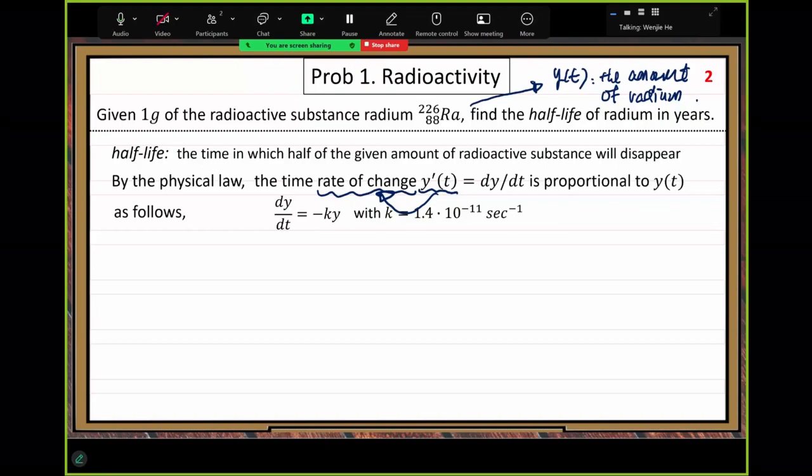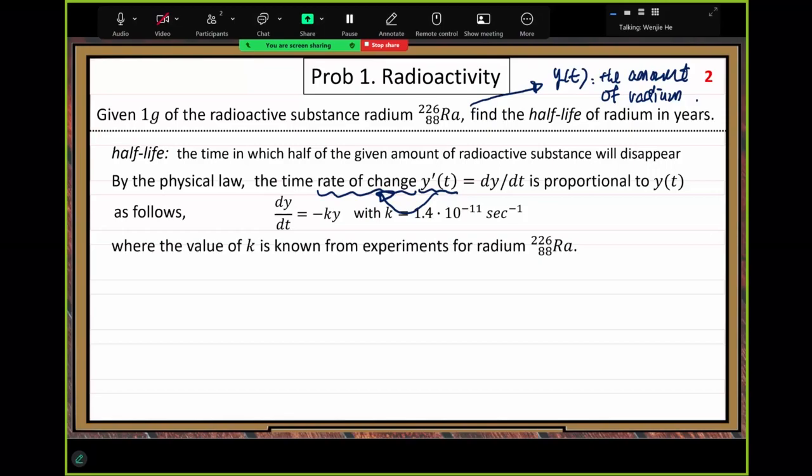Then the unit for K is 1 over t, time, seconds. So that's the reason the constant K uses 1 over second as the unit. In physics, we use this way to figure out the unit of a quantity. Sometimes it is a little tricky to figure out the correct unit.